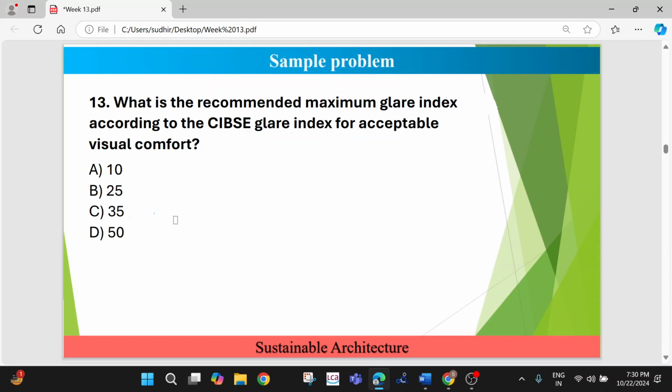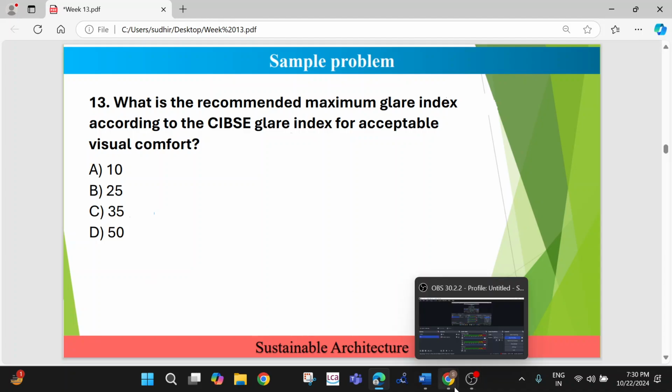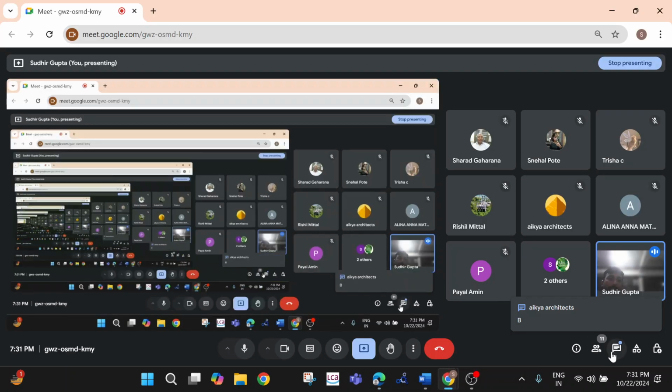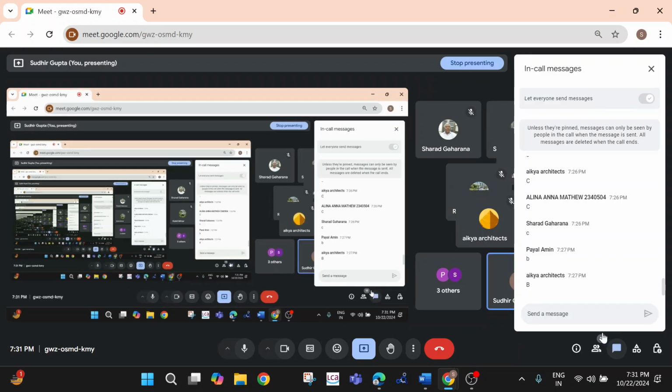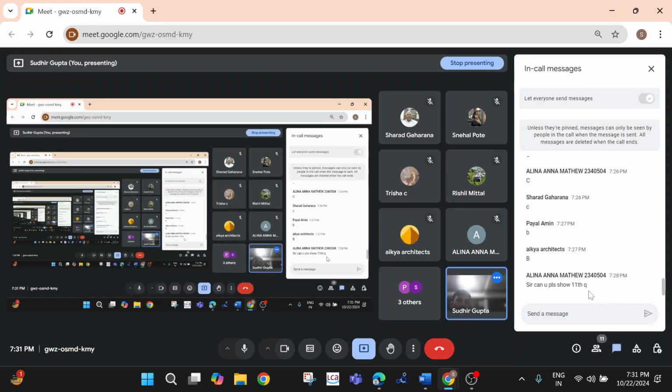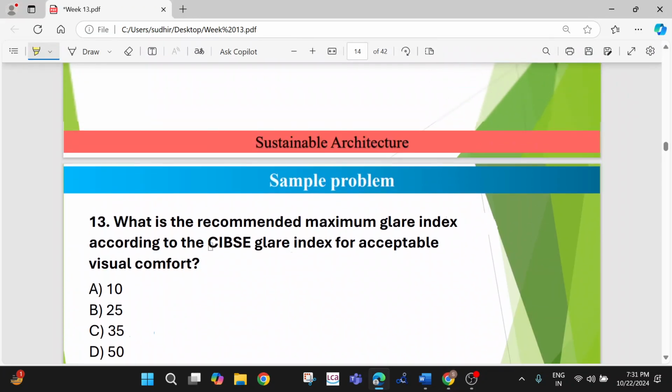So it is talking about the maximum glare, up to how much it can go so that it will be in the acceptable visual comfort range. I think this one most of you will not be able to answer, but okay, Elena is asking about the 11th question.